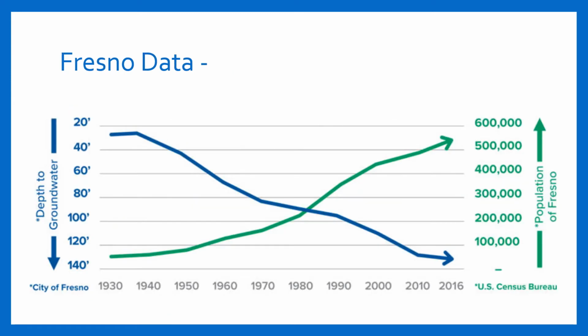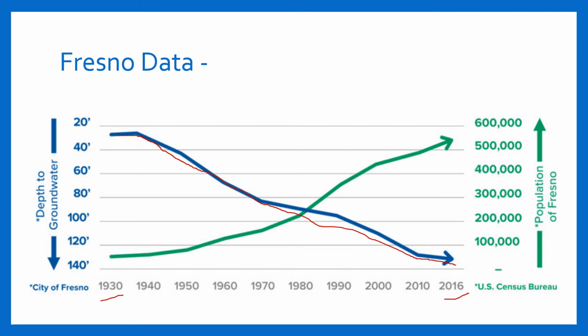So I found this, it's a little interesting. It's data from Fresno, and on this left side in blue, it's the depth, how deep you have to drill to reach groundwater. And if you look, it's going from, I assume that's feet, 20 feet down to 140. So from 1930 to 2016, basically you have to dig deeper and deeper into the ground to reach groundwater, is what that's showing.